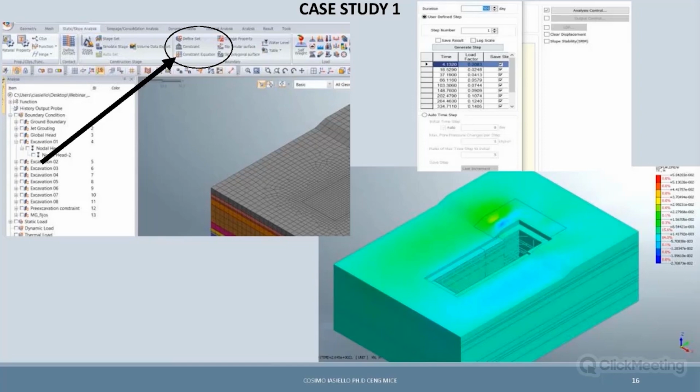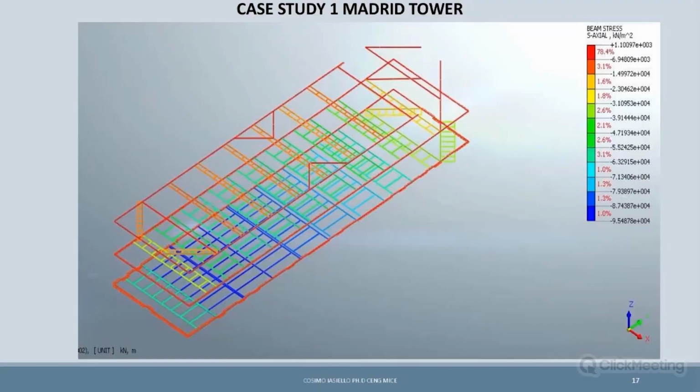This also was the duration, and as you can see, in order to speed up and to facilitate the possible numerical problems we could face, we set up the load factor with increment values of 33 stages, just to provide the stiffness matrix less by less and to not create any problem.